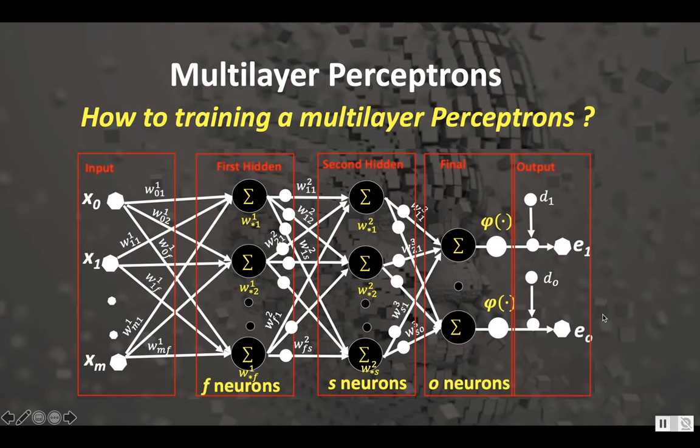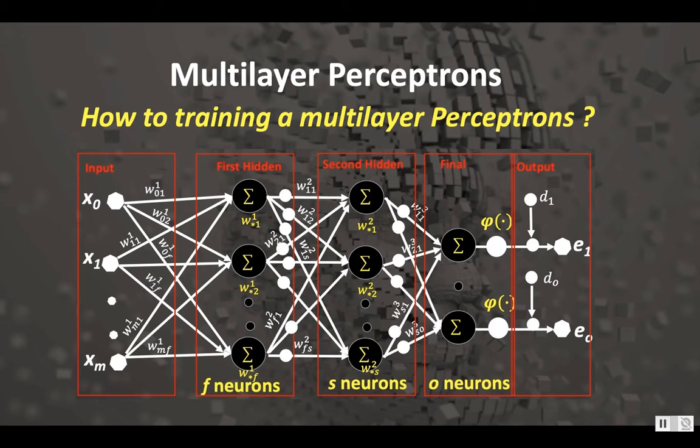We have the output. So in this neural network, the most important factor is the synaptic weights, W101 until W3SO. All these are synaptic weights. From the previous chapter, we know that the synaptic weights play a critical role in the neural network.